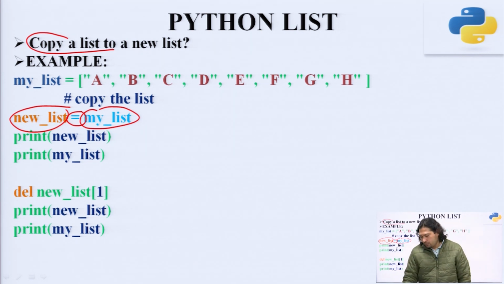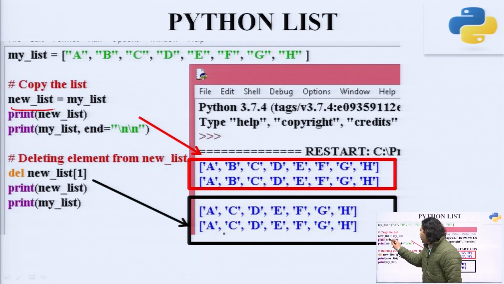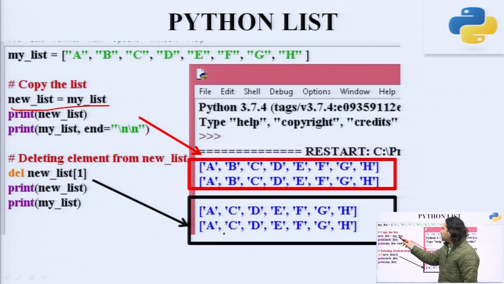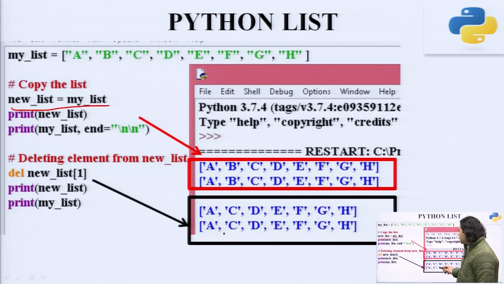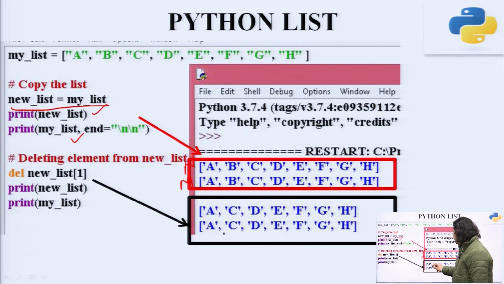Now, for that you need to go to the output of this program. The output of this program is this one: when you have performed this operation, new list is equal to my list, the values of my list are transferred to the new list. You can see this is your new list and this is your my list, and both elements are identical.